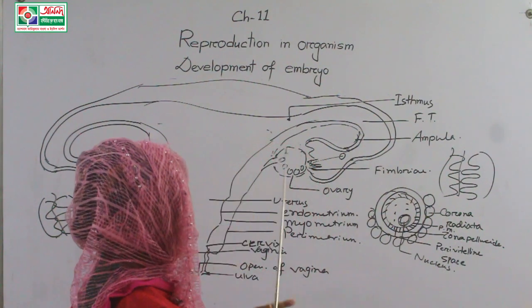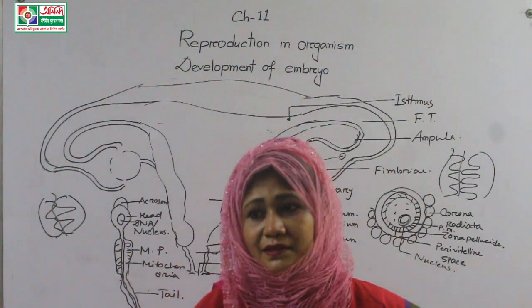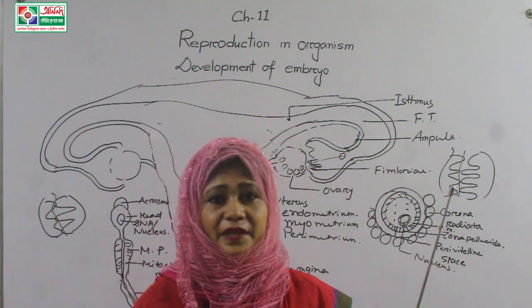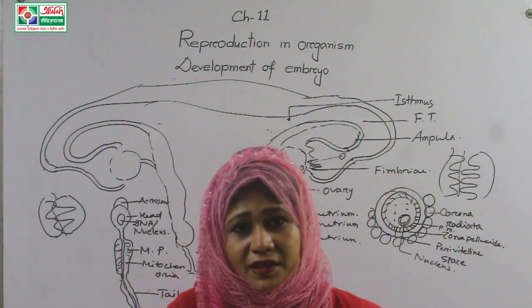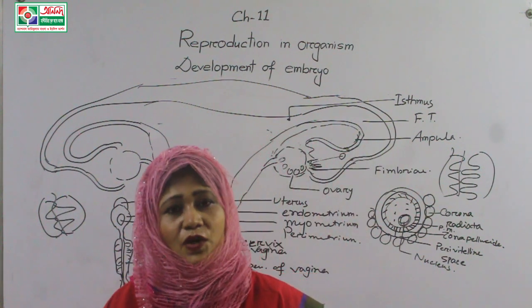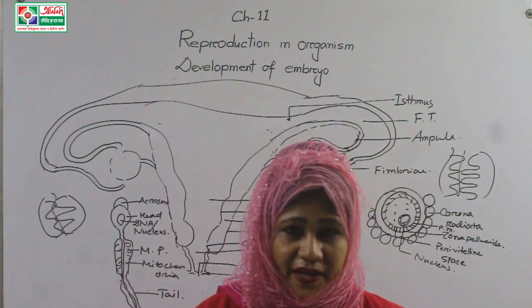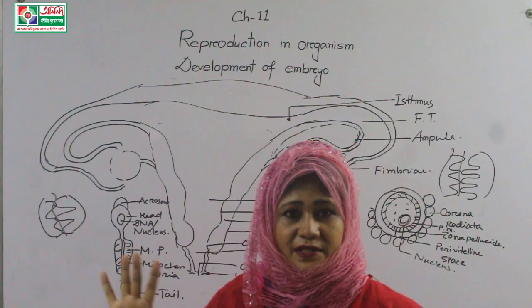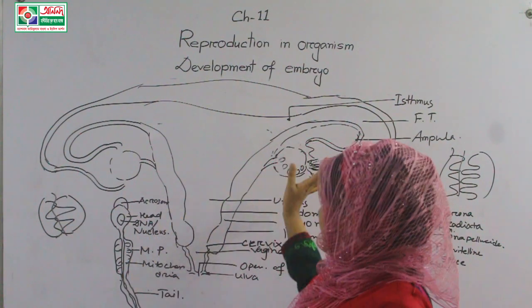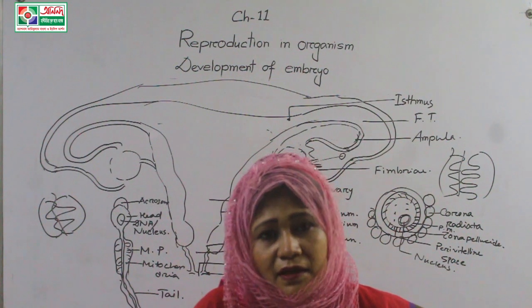So the environment becomes more fluid, and a suitable environment for fertilization is created. After that, what is happening? The fluid environment is ready, and now fertilization will take place.